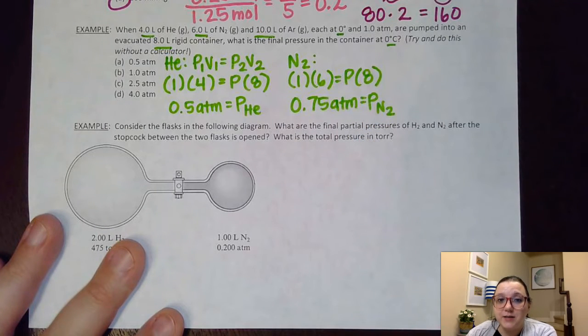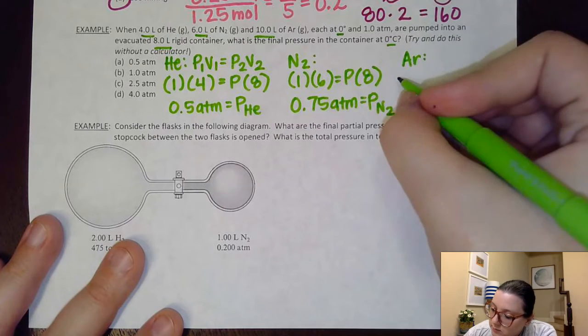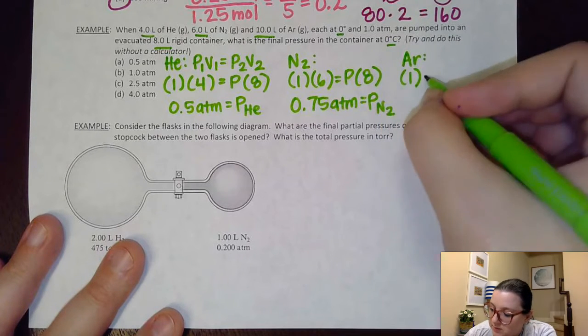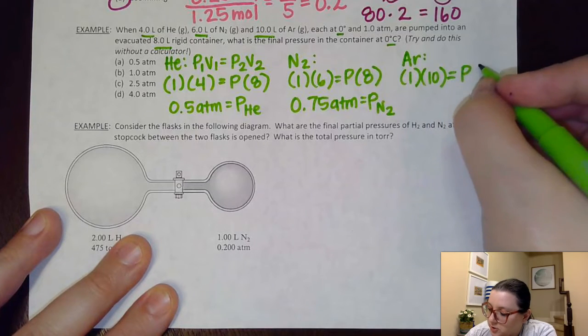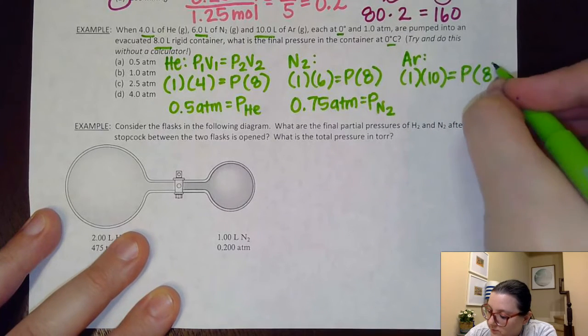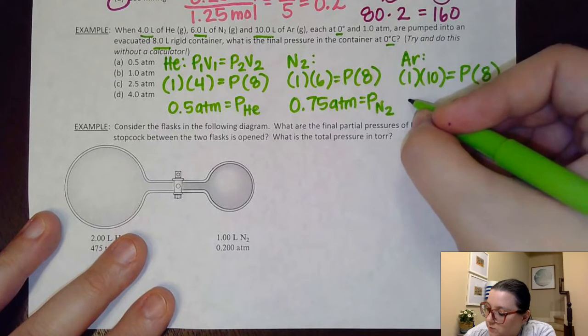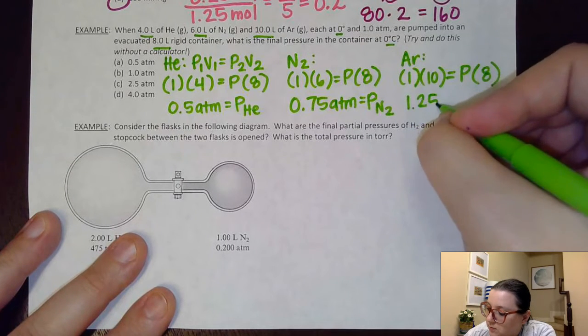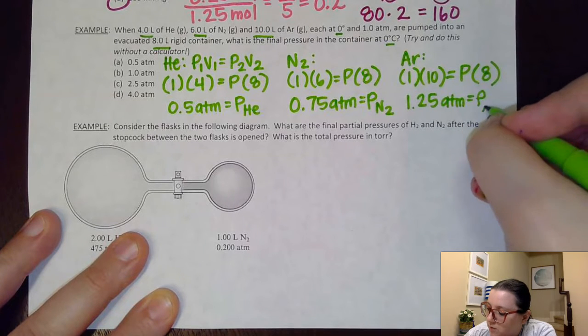Last but not least, we have our argon. Argon, again, starting at 1 atmosphere when it's at 10 liters, but now I want to figure out the new pressure when I'm at 8 liters. 10 divided by 8 would be 1.25 for that pressure of the argon.